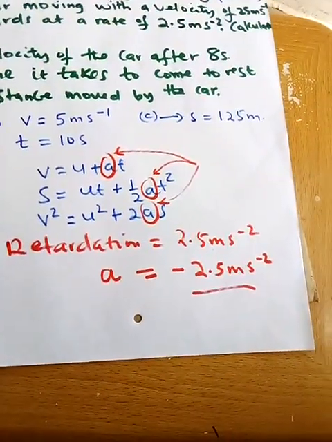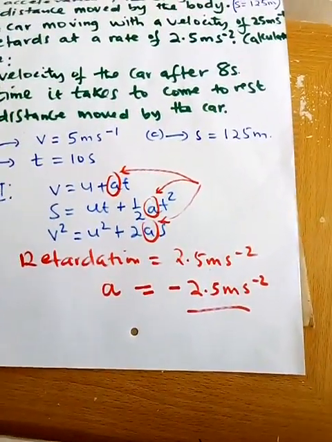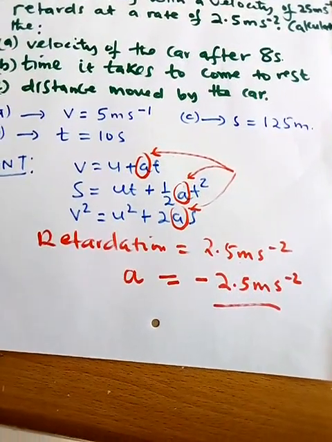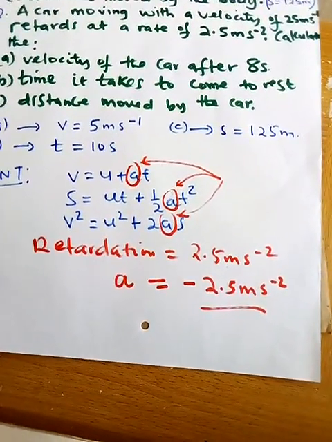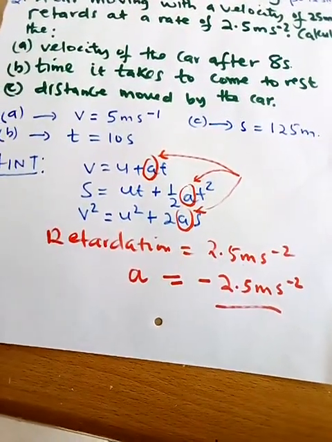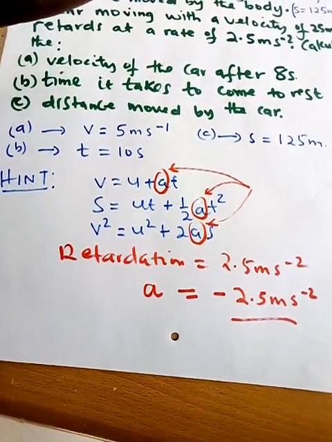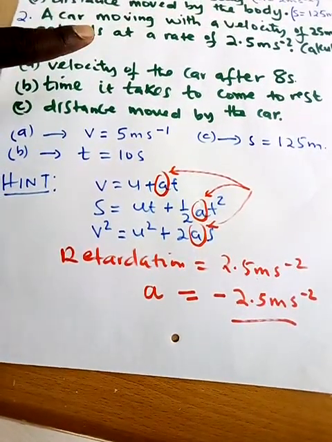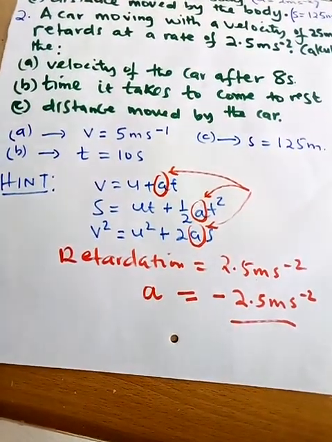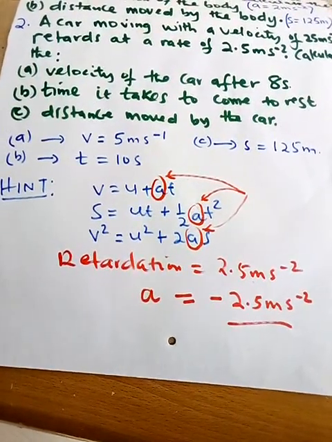When you are substituting the value of acceleration, you will not use it as 2.5 meters per second squared, but you will use it as negative 2.5 meters per second squared because it is retarding. So watch out. The first question, they wanted the final velocity after 8 seconds. So get to know that time in that case is 8. You will check out of the 3 equations which one is suitable for that question.